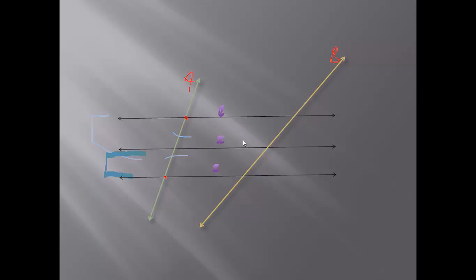Then, because of this theorem, the proportion will also be 1 to 1, and these two will also be congruent. So this is good for proving congruence. It's also good for finding values, and of course similarity.